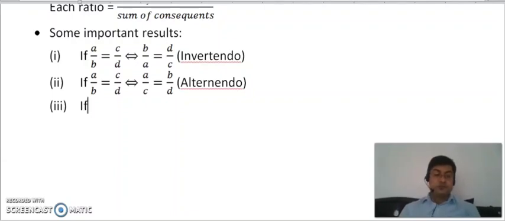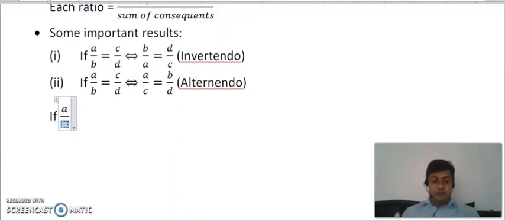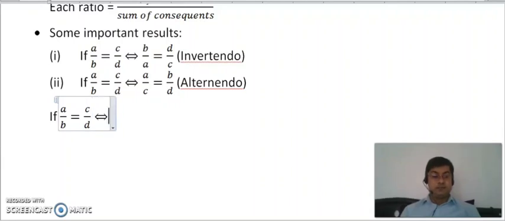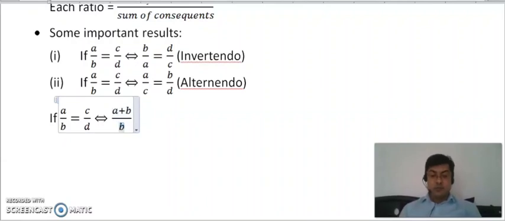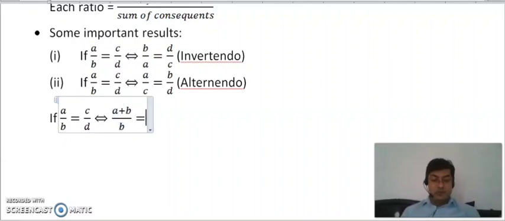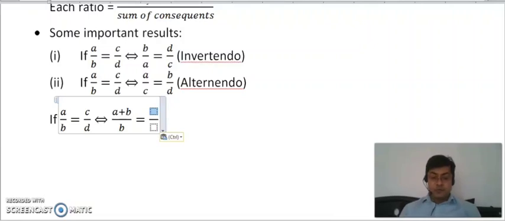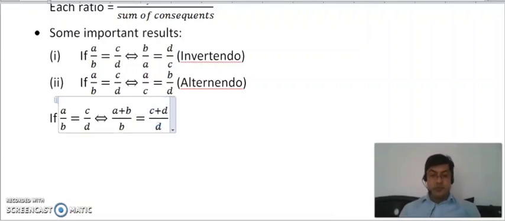Now if A upon B is equal to C upon D, double implies A plus B upon B is equal to C plus D upon D. This property is called componendo.